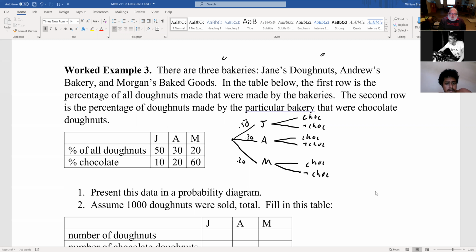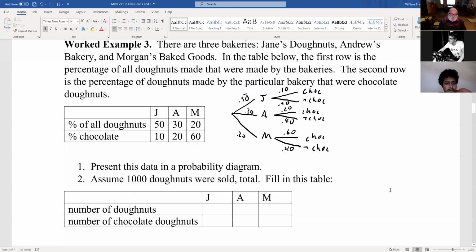So 10% are chocolate from Jane, 90% are not chocolate, 20% are chocolate from Andrew, so that means 80% are not chocolate, 60% of Morgan's are chocolate, which means 40% are not. So there's a probability tree. That's one way to present this data.